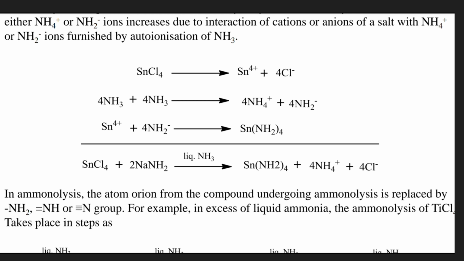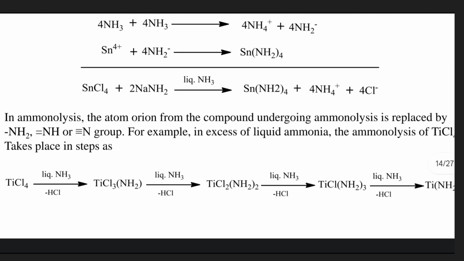In ammonolysis, the atom or ion from the compound undergoing ammonolysis is replaced by an amide, imide, or nitride group. For example, in excess of liquid ammonia, ammonolysis of TiCl4 takes place in the steps given. TiCl4, on first loss of HCl, gives TiCl3NH2.